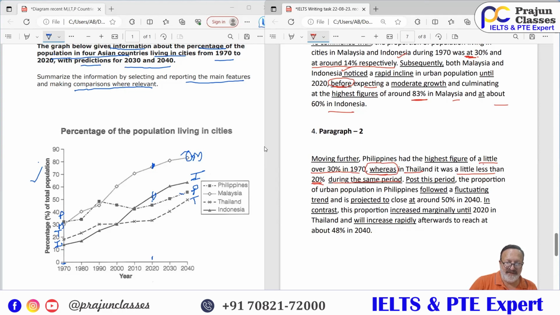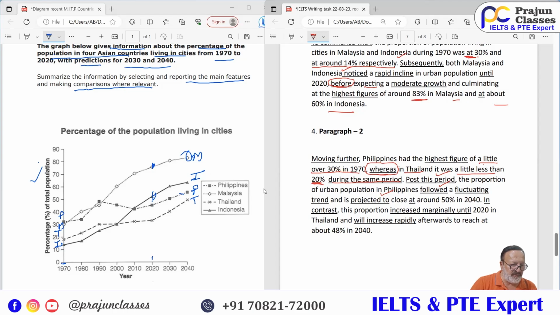Post this period, linker, the proportion of urban population in Philippines followed, again a vocabulary, a fluctuating trend. So for Philippines, we are saying, see, it is here, then goes up, then goes down, then goes up. It is a fluctuating trend and is projected to, these are final future figures, close at around 40% in 2040.